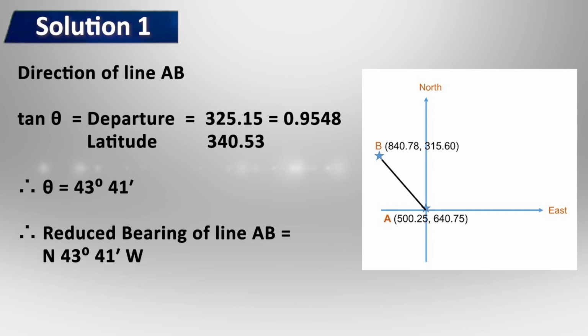As the latitude and departure are calculated, we can now calculate the angle theta: tan theta is equal to departure by latitude, so 325.15 divided by 340.53. The angle theta works out to be 43 degrees 41 minutes.